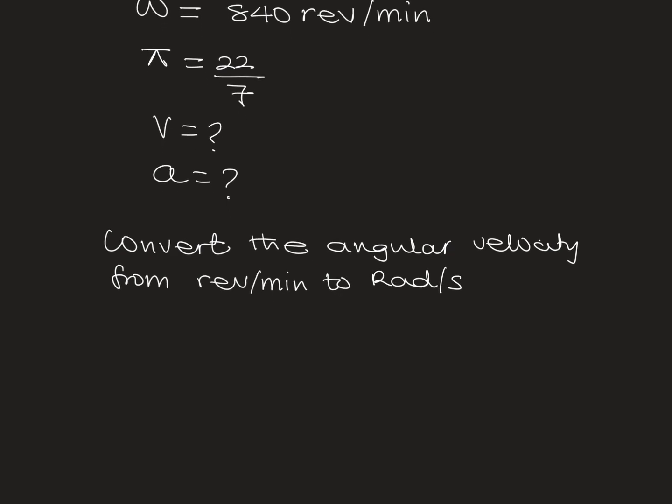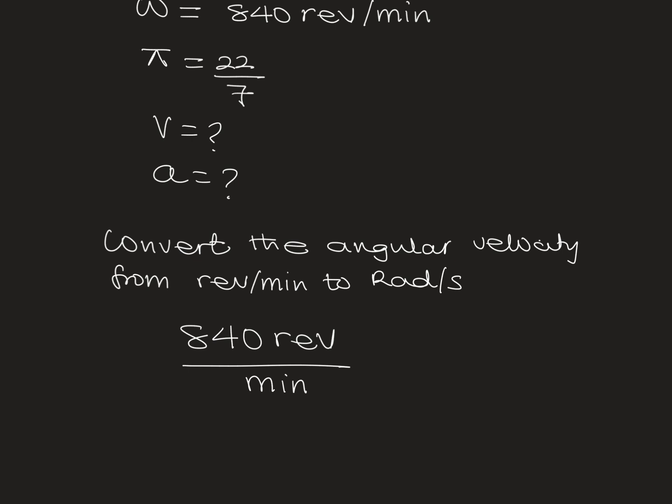Okay, we have 840 revolutions per minute. How do we convert this to radians per second? We have done this in our previous videos. You could find it in the channel.